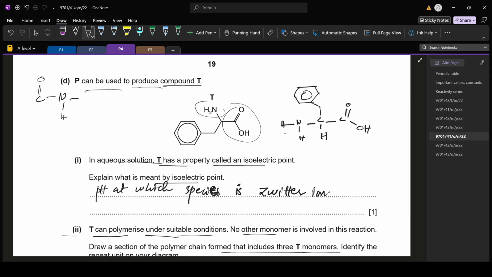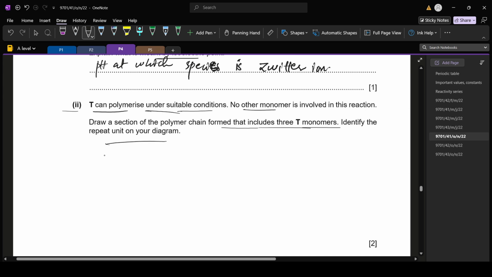So now when T forms the polymer, this H and this OH will be removed and the amide linkage will form. So the polymer formed will be like this.